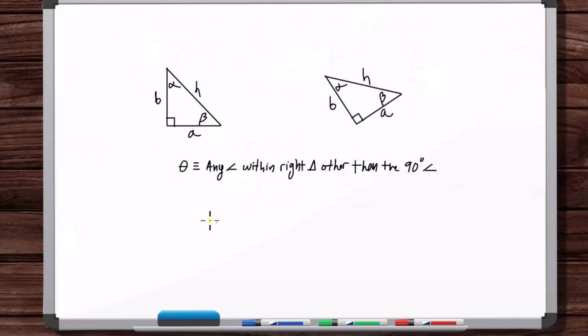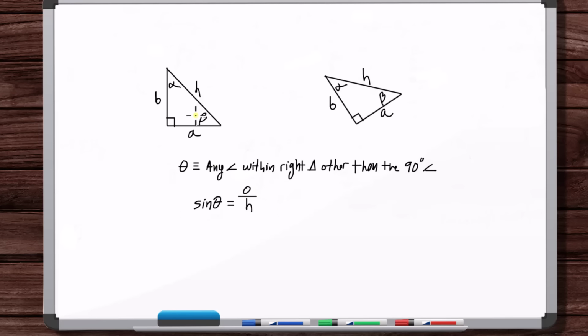Okay, so with that, the sine of theta, the sine of any angle you choose in a right triangle other than the 90-degree angle is equal to the side length opposite of that angle, which we'll just put as O, divided by the hypotenuse.